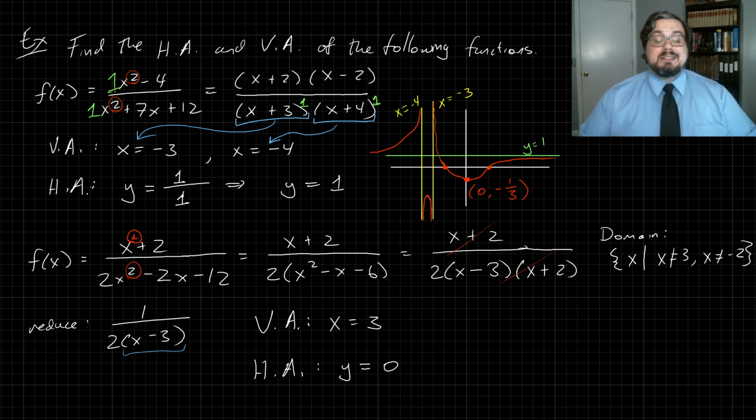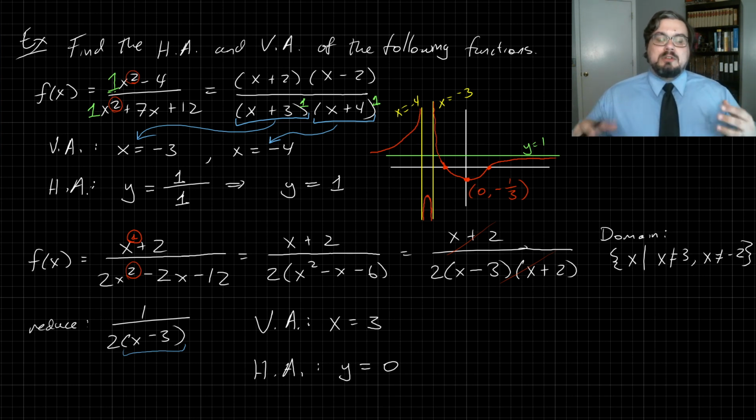One way I like to think about this is that when we're looking at a fraction, if the denominator gets bigger, that makes the whole fraction get smaller, whereas if the numerator gets bigger, that makes the whole fraction get bigger.